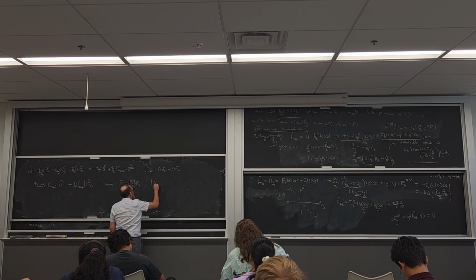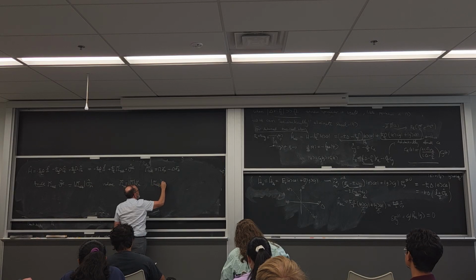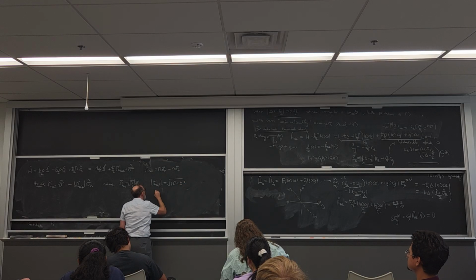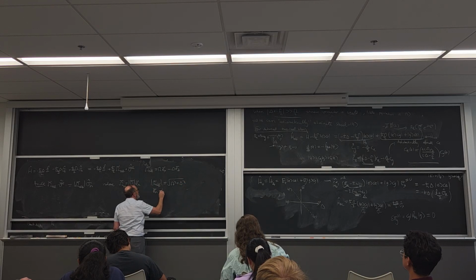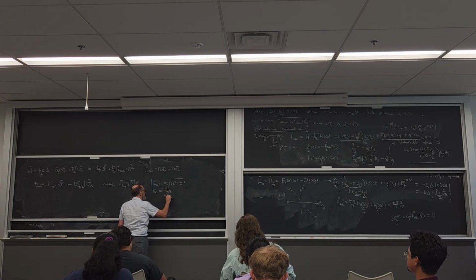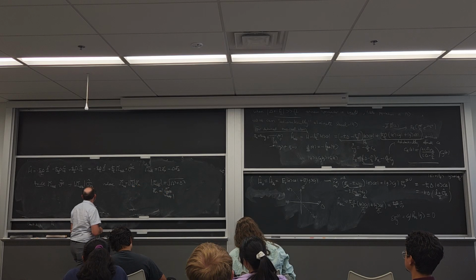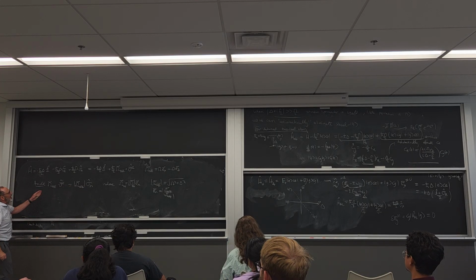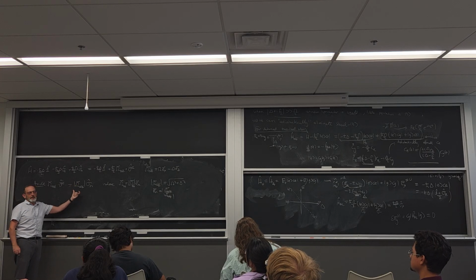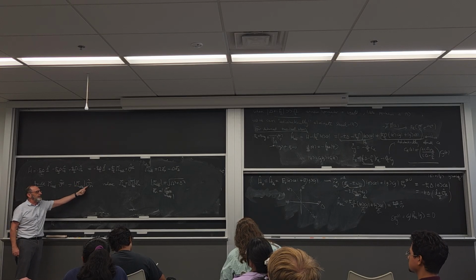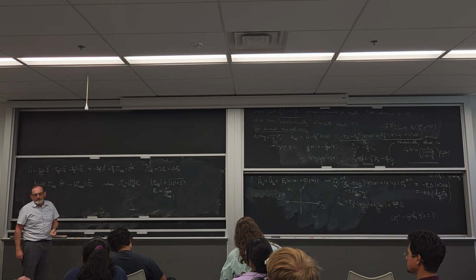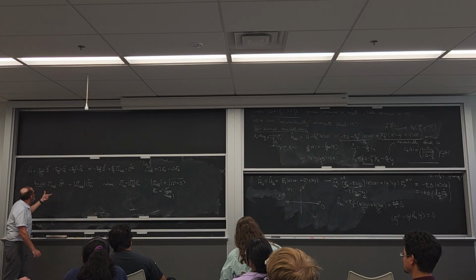The magnitude of the vector is the magnitude of this vector, which is that. And the direction of this thing is this over its magnitude. Okay? So, given I've written this operator as some number times a Pauli matrix in some direction, what are the eigenvalues of this operator?